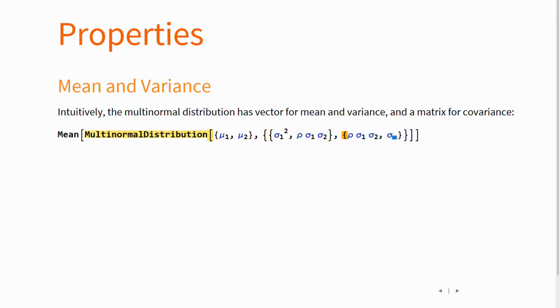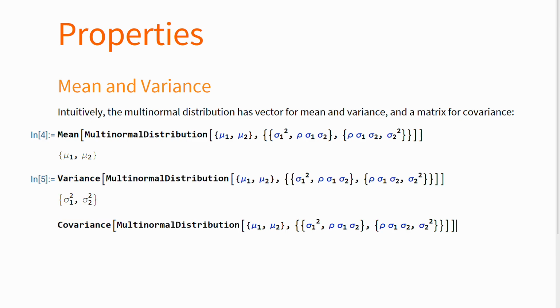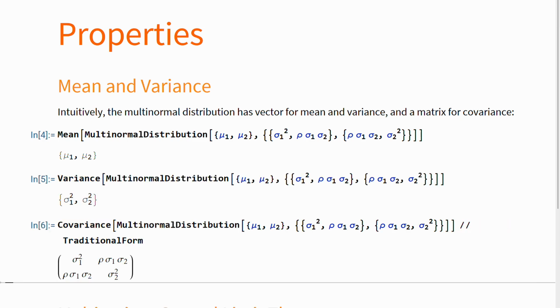Intuitively, the multinormal distribution has a vector for the mean and variance for each dimension, and a matrix of covariance, where the diagonal of the matrix is the variance. This makes sense when you remember that the variance is a special case of the covariance.